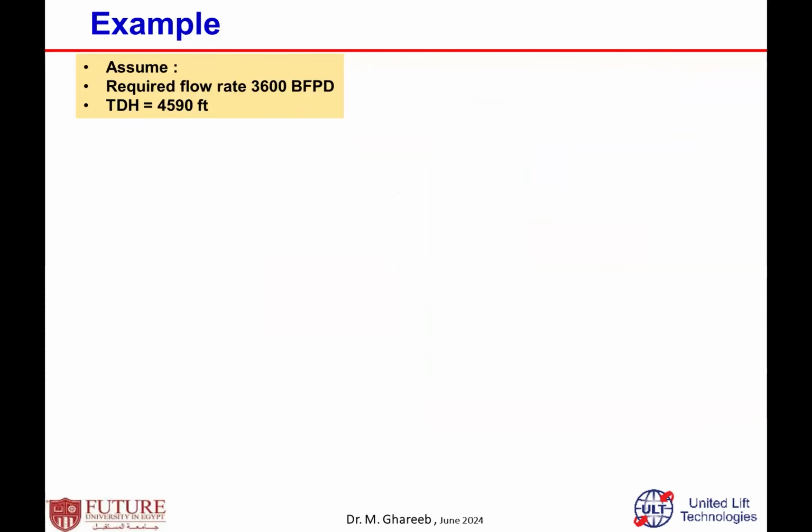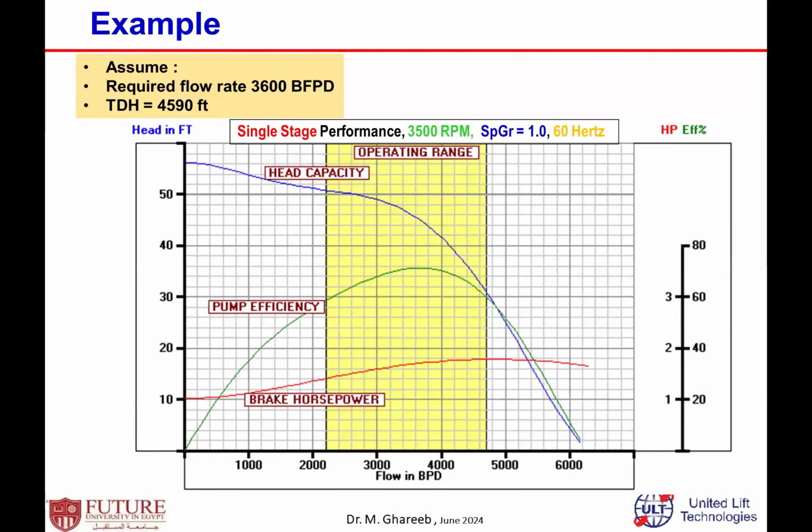Let us have a very simple example. Assume I want to produce 3,600 barrels per day with a total dynamic head, calculated based on the previous slides, of 4,590 feet. Depending on this 3,600 barrels per day and the conditions, I will select the suitable pump to produce this fluid.